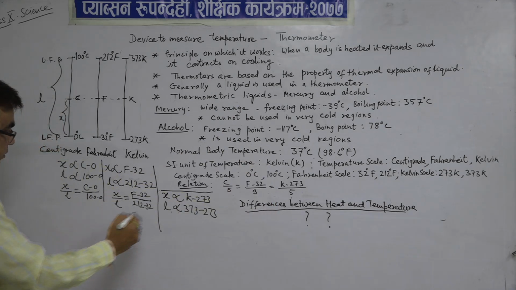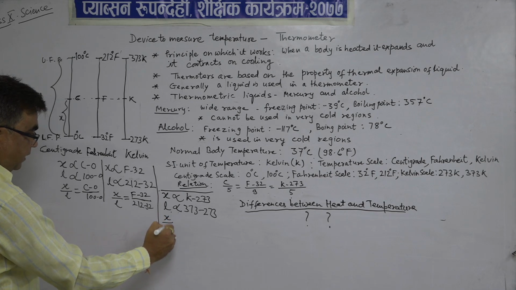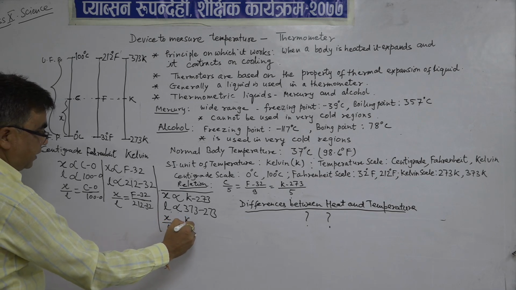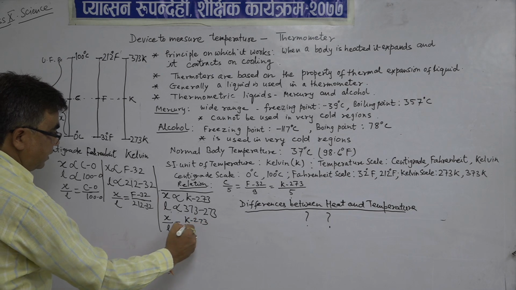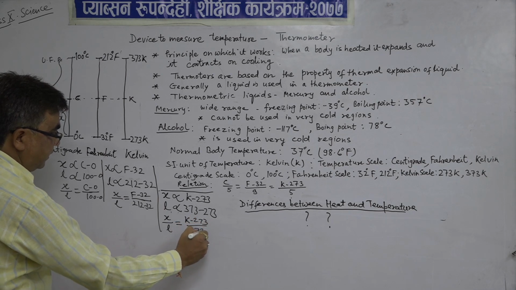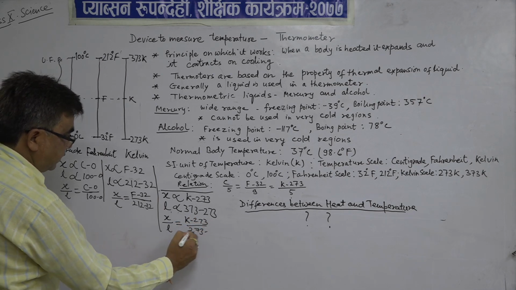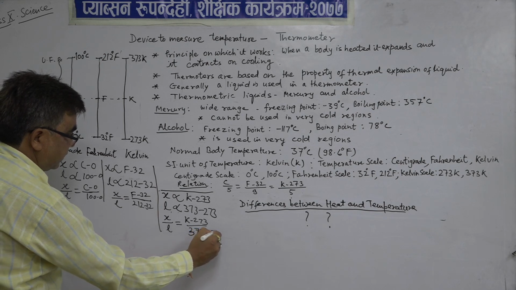So in this case, x upon L will be equal to K minus 273 upon 373 minus 273.